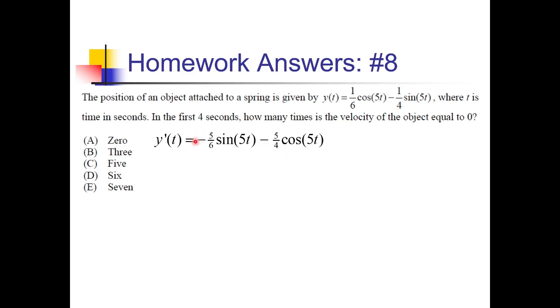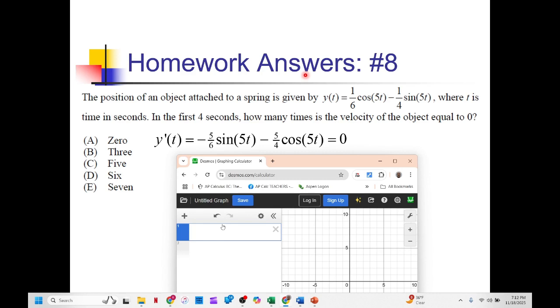And this is what we have to figure out now, how many times this is equal to 0. So let's go to Desmos and do that. Now, when I graph this out, I'm just going to call this f of x. Doesn't really matter. You could use t if you wanted, but I'm more comfortable using x, and I know the graphing calculator prefers x anyway.